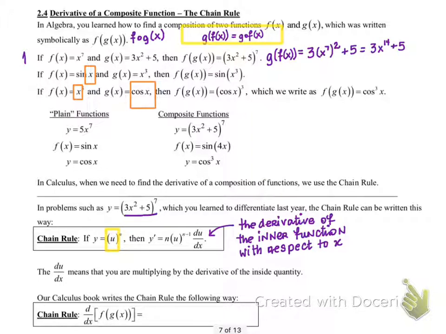Oh my gosh, I hope I'm making sense to you. If I'm not making sense to you, would you please ask me in class? Okay, so du dx means you are multiplying the derivative by the inside quantity.